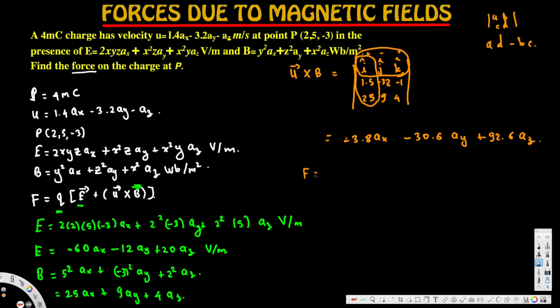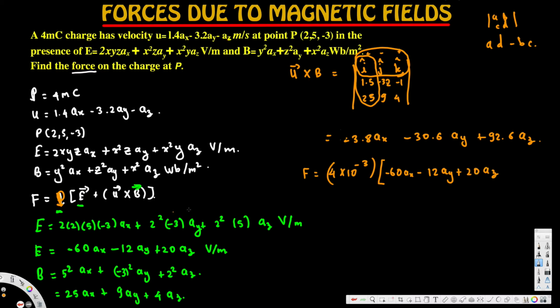So F is going to be equal to Q, that is 4 millicoulomb, 4 times 10 to the power minus 3, multiplied with E, which is negative 60 ax minus 12 ay plus 20 az.